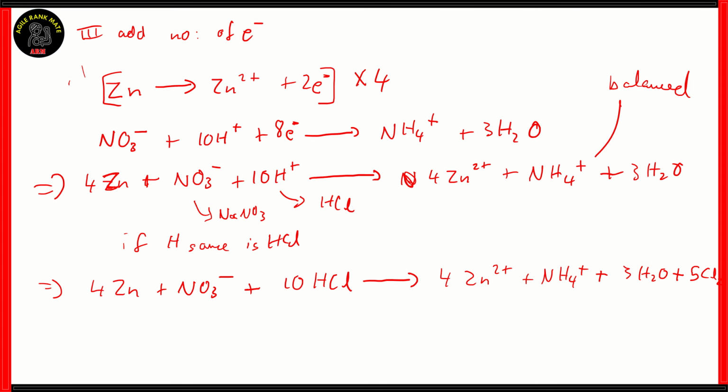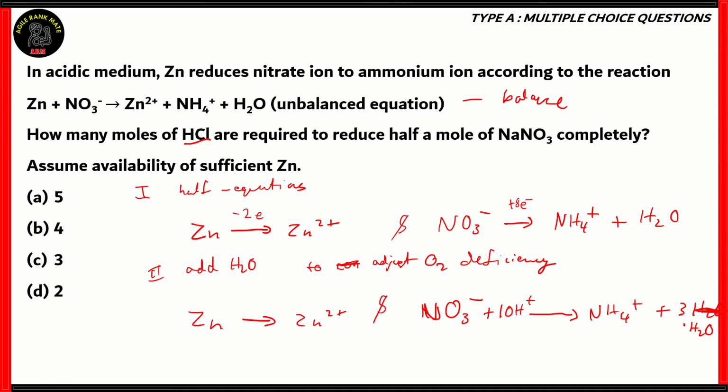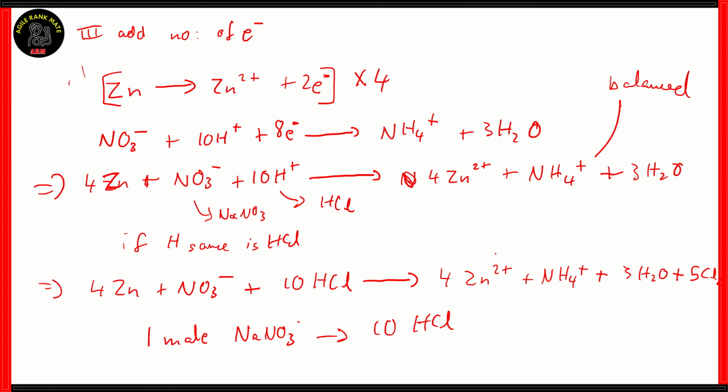So from this particular equation, we can deduce that 1 mole of NaNO3 requires 10 HCl. So if we look at the equation, it requires 10 moles of HCl to be reduced.